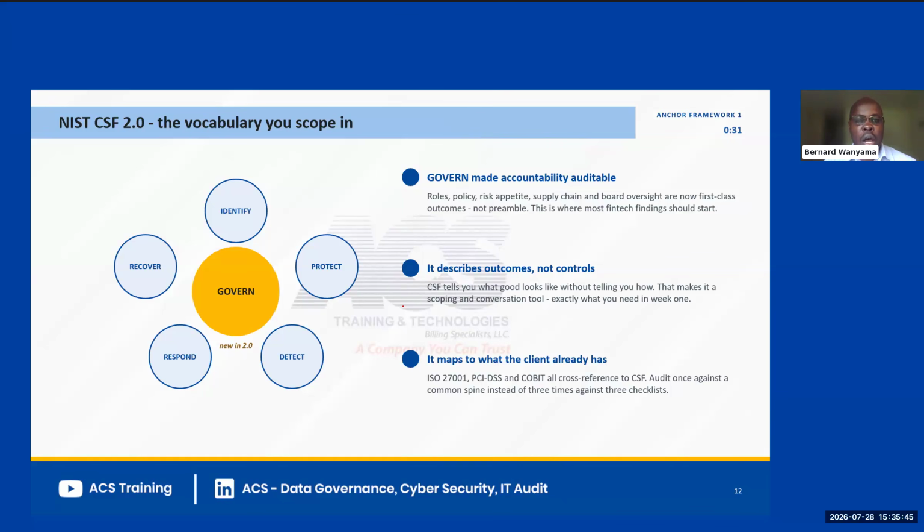And so our basis for examining the controls, our basis for assessing what risk is there in the environment and how well the organization is performing risk management is going to be anchored around one key framework. This is the NIST Cybersecurity Framework.